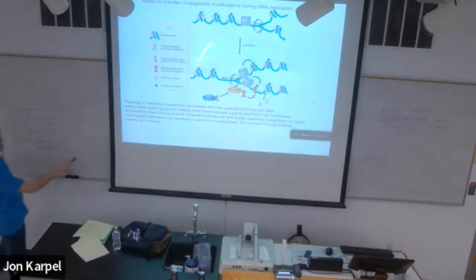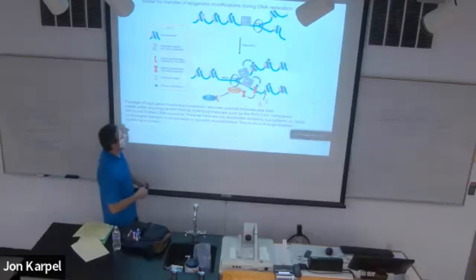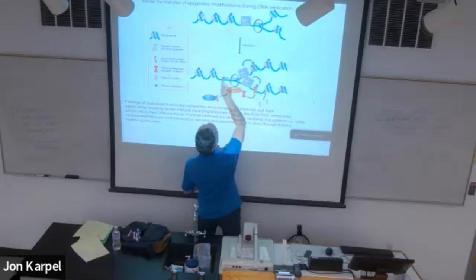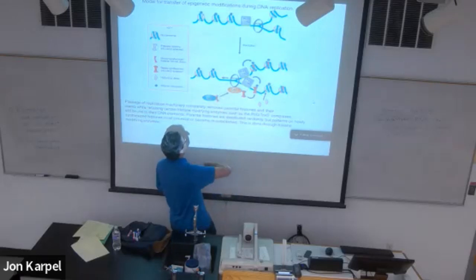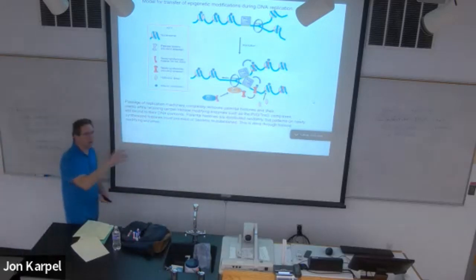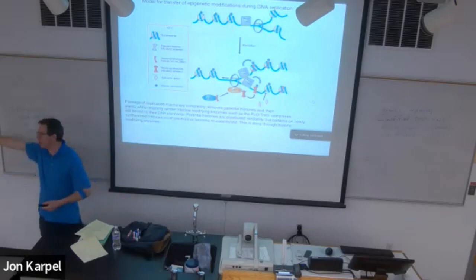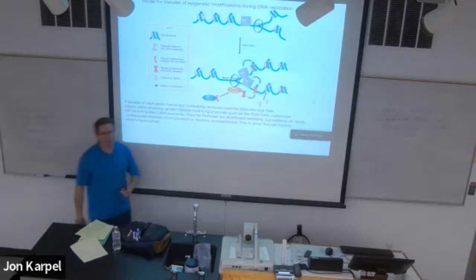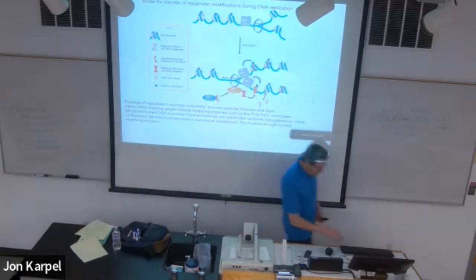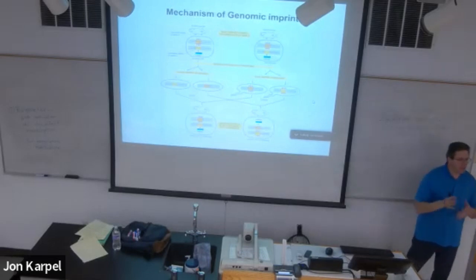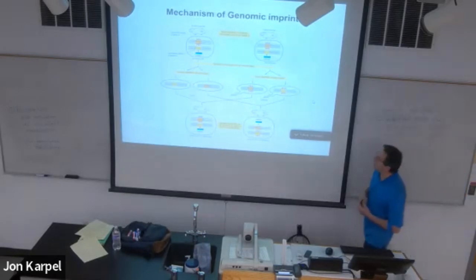So this picture, I just took it from a review, but their idea was that just because you have a parental methylation pattern doesn't mean it's going to be identical in the offspring. In fact, there's been some examples where some offspring basically erase all methylation patterns. So you start over with kind of a blank slate in the offspring. And that's kind of what they found in mice. So this is a really interesting example in mice.